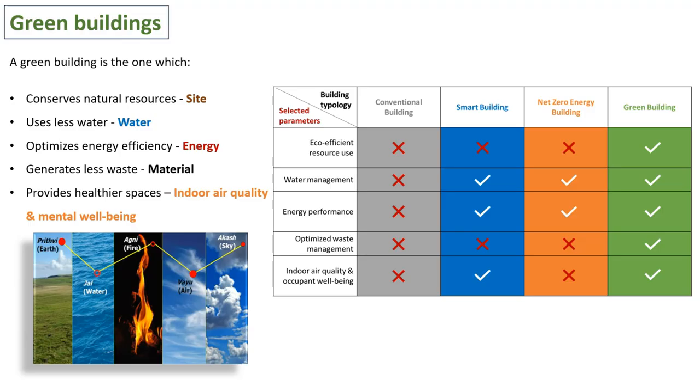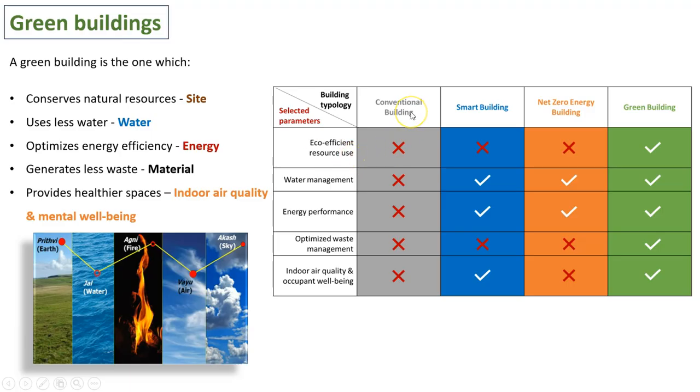It's not that, right? It needs to be something so comprehensive and a bigger picture when it comes to a green building, right? In the left side table, we can understand the different building typologies that exist in the market, and based on different parameters, how they differ from each other.